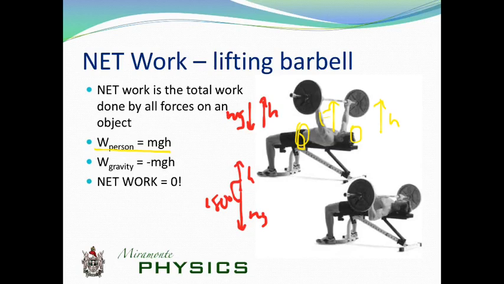And so the cosine of 180 is -1. So you say that gravity is going to have the work of mg times h, but it's going to be negative because they're acting in opposite directions. So if you add up those two together, in lifting a barbell, the net work, meaning all of the work done both by the person and by gravity, is 0.